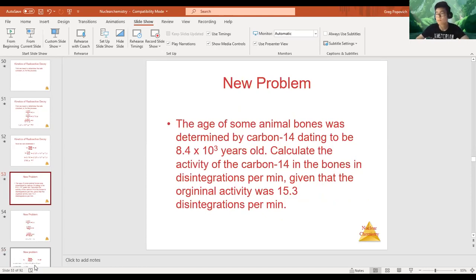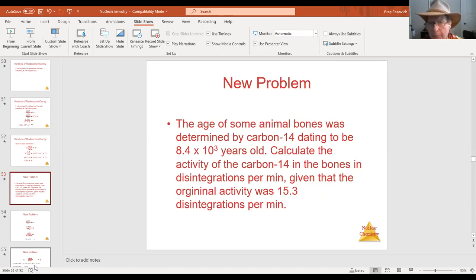The age of some animal bones was determined by carbon-14 dating to be 8.4 times 10 to the 3rd years old. Calculate the activity of the carbon-14 in the bones in disintegrations per minute, given that the original activity was 15.3.